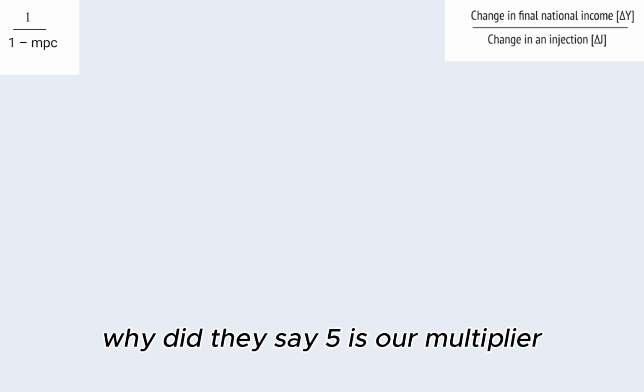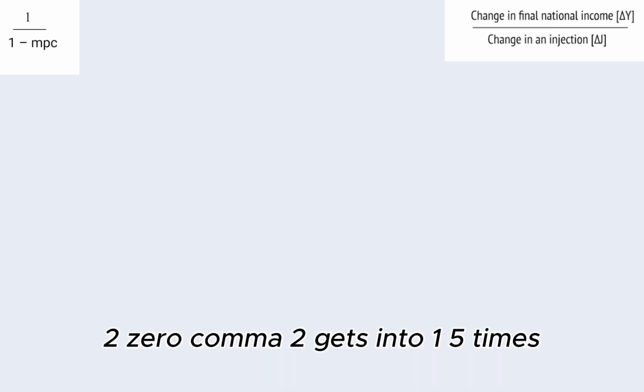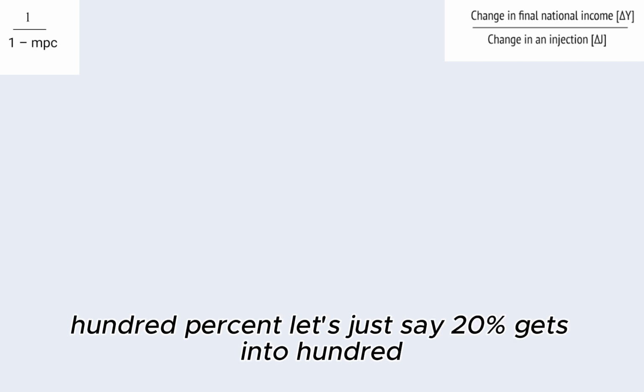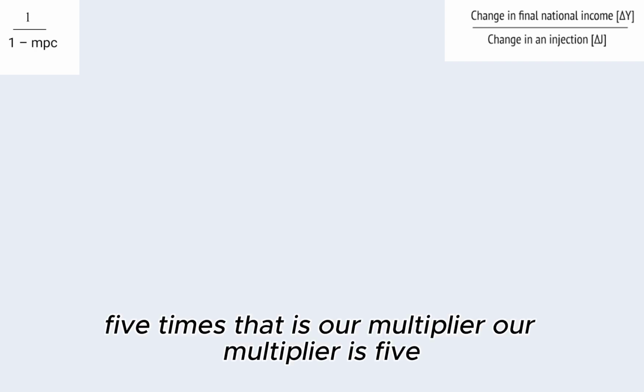Why did I say 5 is our multiplier? 0.2 gets into 1 5 times, because 1 is a full percentage, 100%. Let's just say 20% gets into 100 5 times. That is our multiplier. Our multiplier is 5.